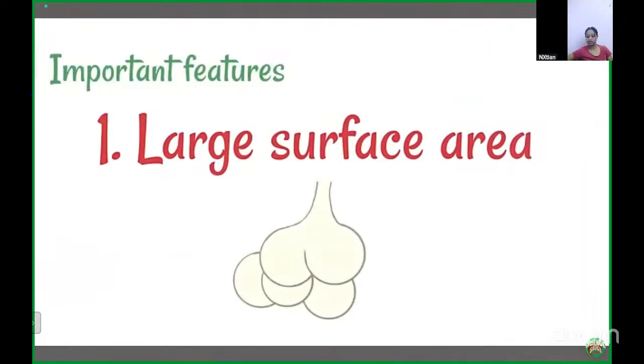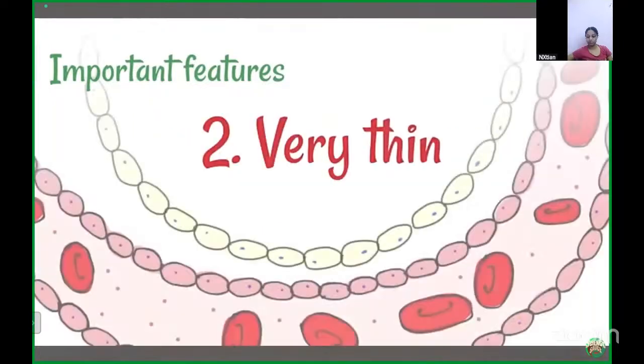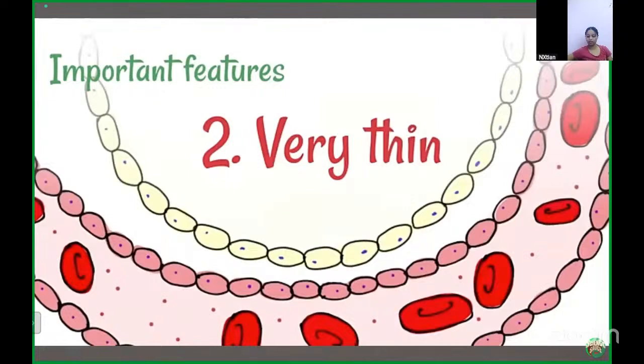First of all, it's got a large surface area, which is provided by this particular shape of the alveoli, and also by the fact that there are lots and lots of them inside of the lungs. It's very thin, which provides a short diffusion pathway. Notice that the lining is only 1 cell thick.